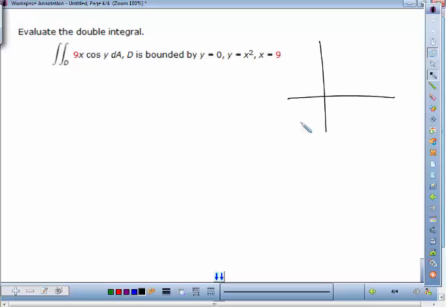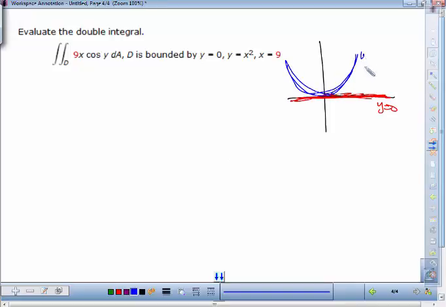Our region starts off with y is equal to 0. I think that's the x-axis, yeah? Y is equal to x squared. And x is equal to 9. X equals 9, vertical axis? I mean vertical line. Can you find your region? Yep.